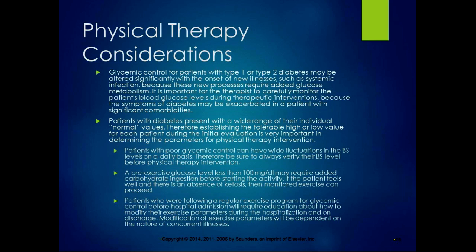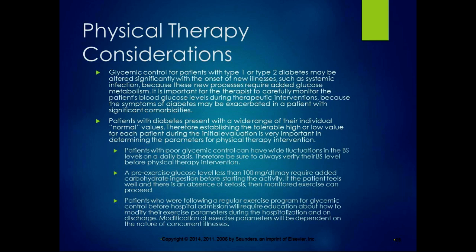So people with diabetes, they have a wide range of their individual normals. Like I was talking about the guy who said he functioned better with his blood sugar a little bit higher when he was taking an exam, but it needed to be a little bit lower when he was doing other things.